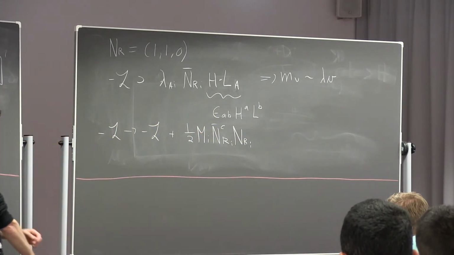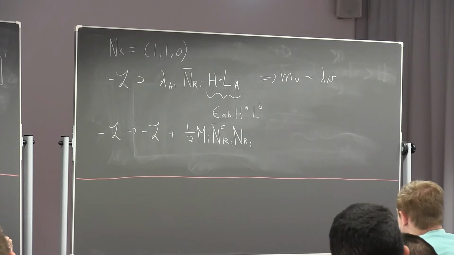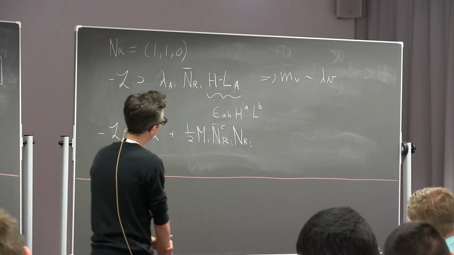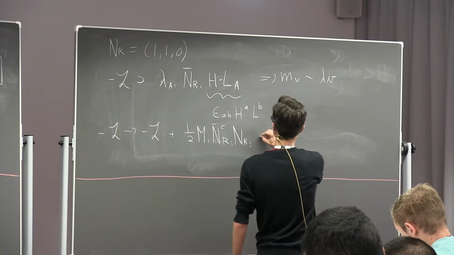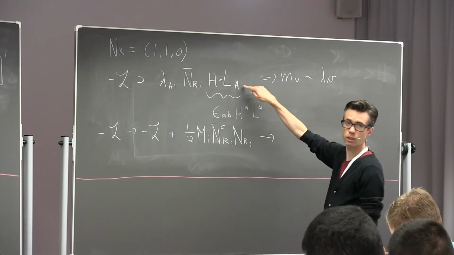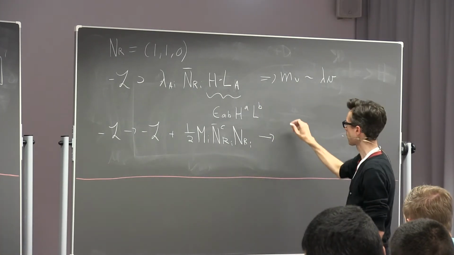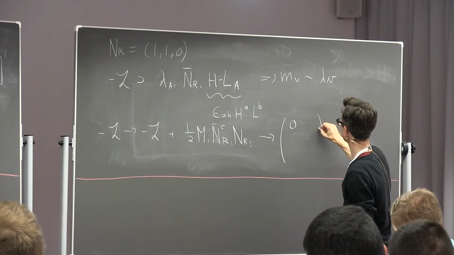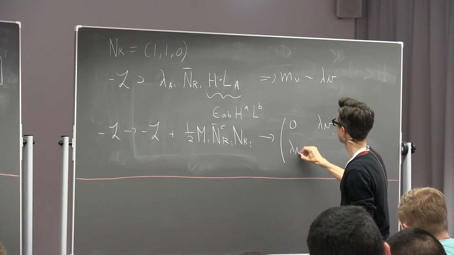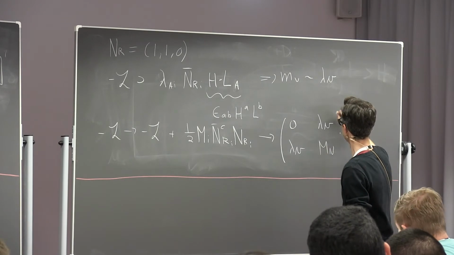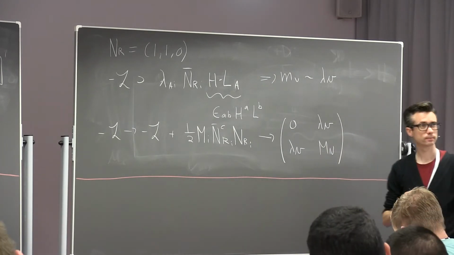If I have a mass term for the right-handed neutrinos, what I get now is that my mass matrix for the neutrino states has this contribution, and it has a contribution from electroweak symmetry breaking. And what I get for my mass matrix is something that looks like lambda v, m_N is my mass matrix.